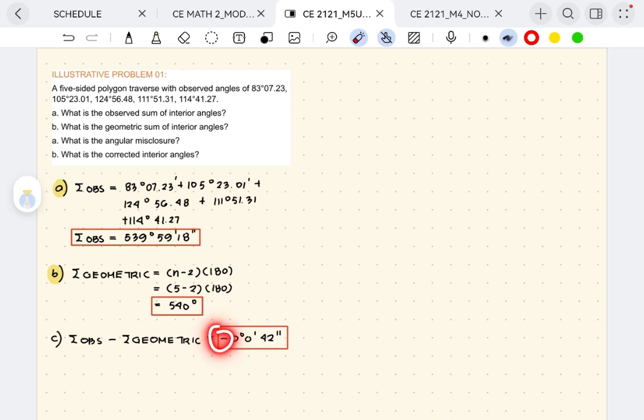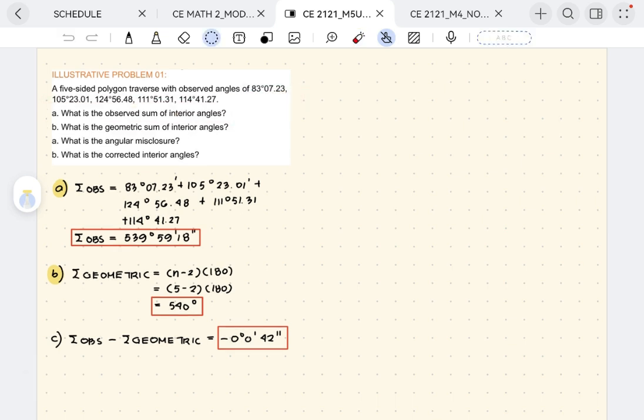Meaning of negative here is that kulang yung observed angles natin at 42 seconds. What we need to do in order to get the corrected interior angles is divide all of this by 5 and see what we will be adding on each of the given angles.